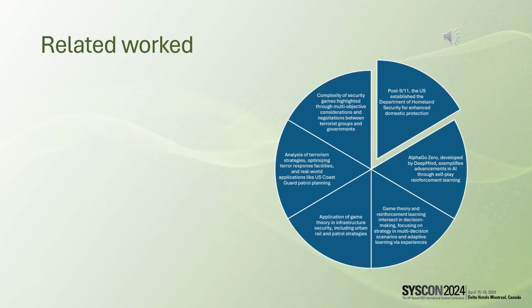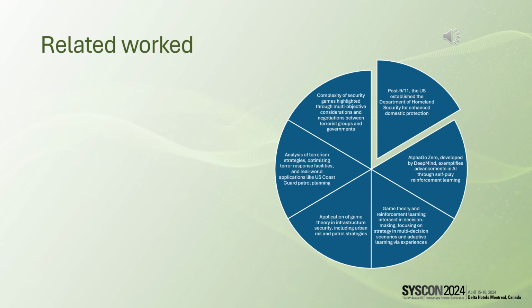The literature review also explores the convergence of game theory and reinforcement learning in decision-making processes. Game theory, rooted in economics and mathematics, deals with strategic environments where outcomes depend on the actions of multiple decision makers.